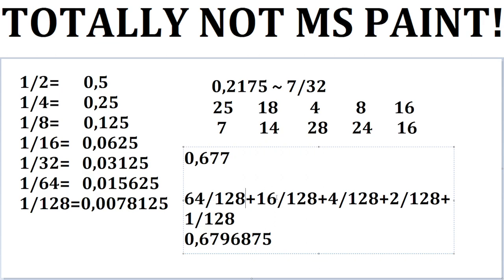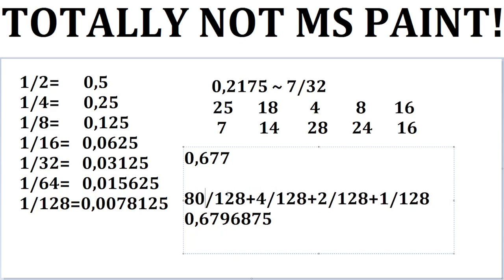64 plus 16, well, that's easy, that's 80. Plus 4, well, that's 84. Let's delete this one. And plus 3, well, that's 87. So that's my approximation for this number.